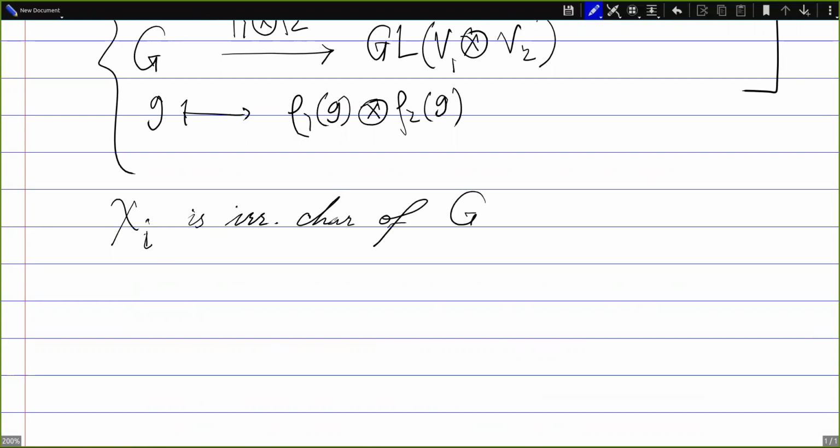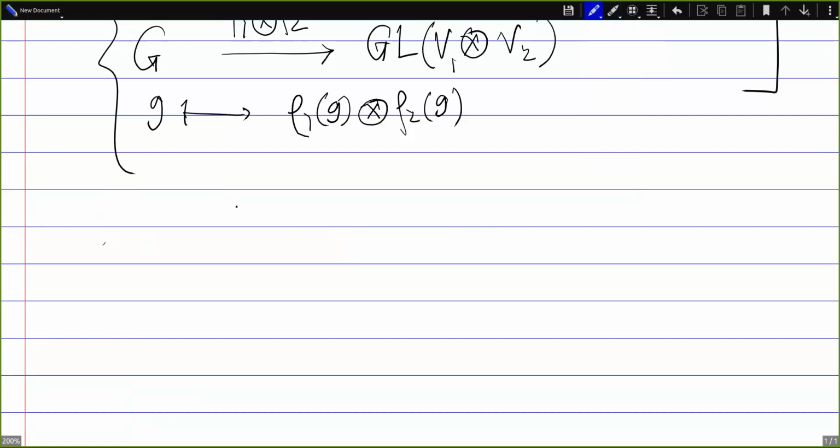Let me choose proper notations that will make things simpler to see.